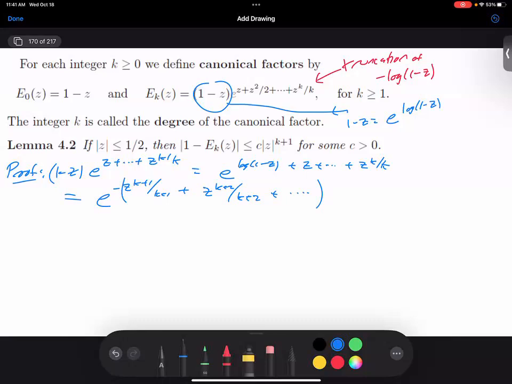And I want to understand the exponent. So let's study the exponent. I can pull out a z to the k plus 1, and then I'm left with the absolute value of the sum.